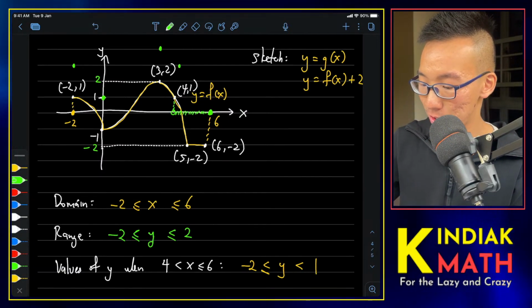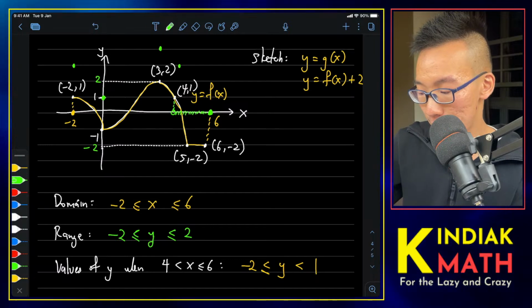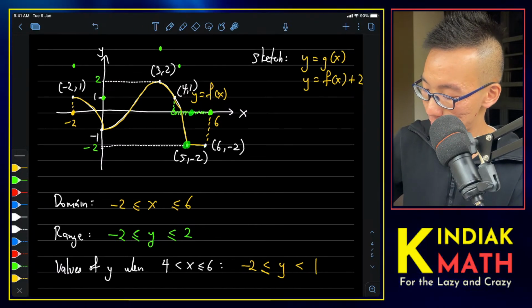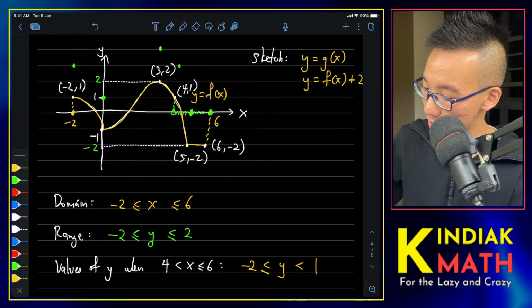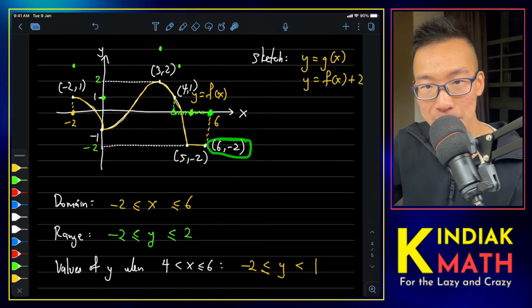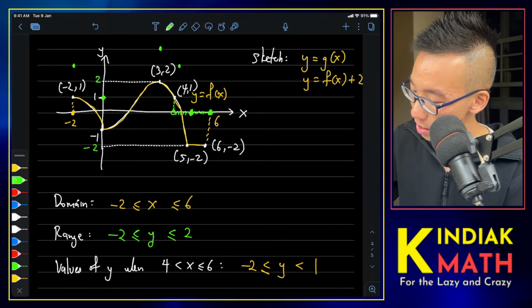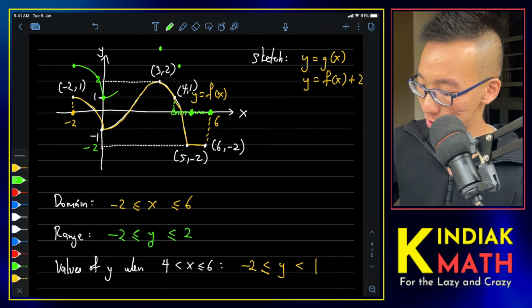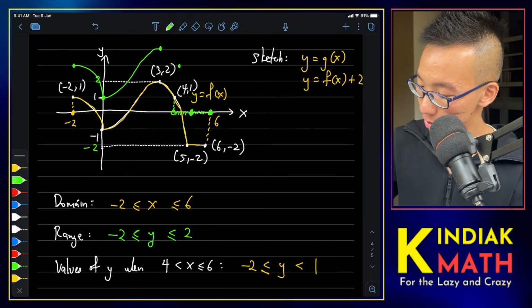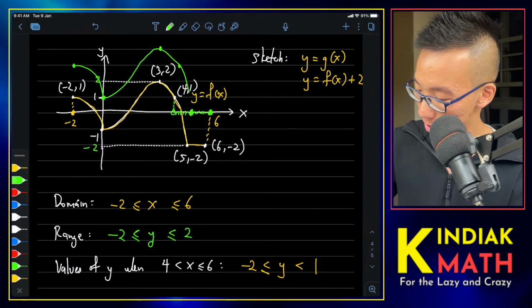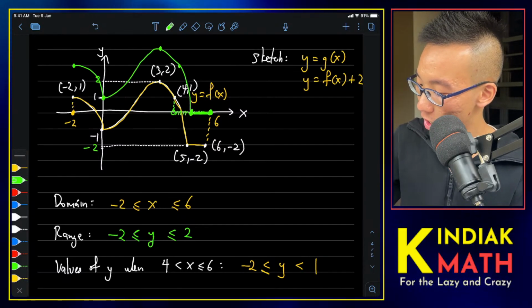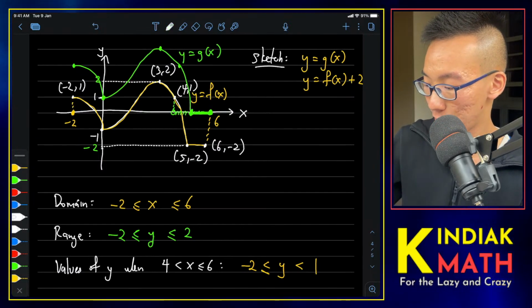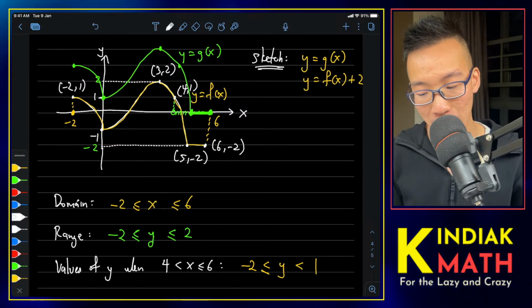Try that out. 4, 3, yes. Instead of 5, -2, we're going to get 5, 0. And of course, instead of 6, -2, we're going to get 6, 0. So this is our graph, and we're going to basically follow the same shape as the original graph. So it looks a bit like this. There we go. This is the sketch of our modified graph.